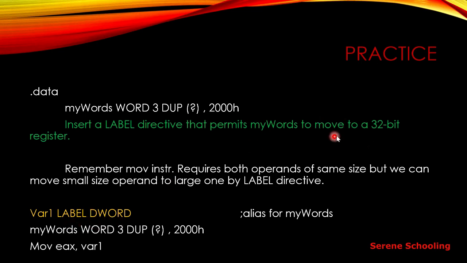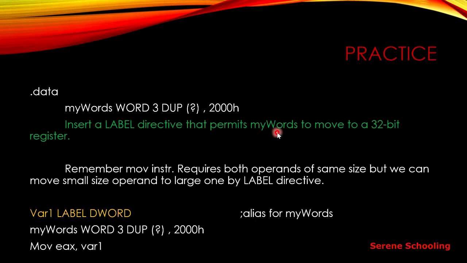If we had to move it to, suppose, an 8-bit register, then we would write byte over here, right? So we have seen that the move instruction requires both operands of the same size, but we can move the smaller operand to a larger one by the label directive, right? This is what we are basically doing.